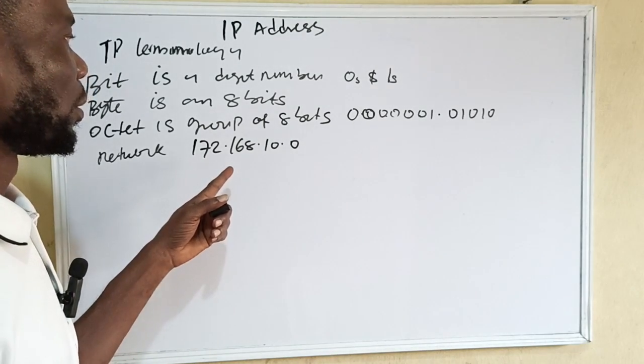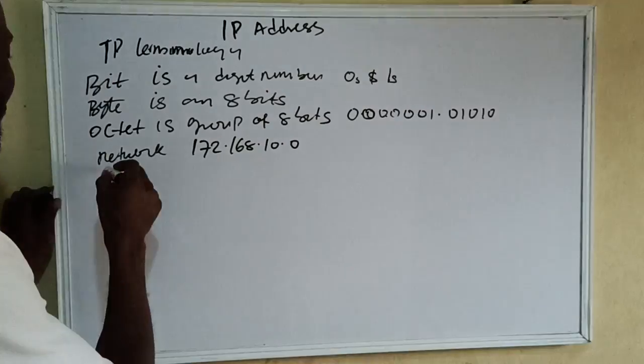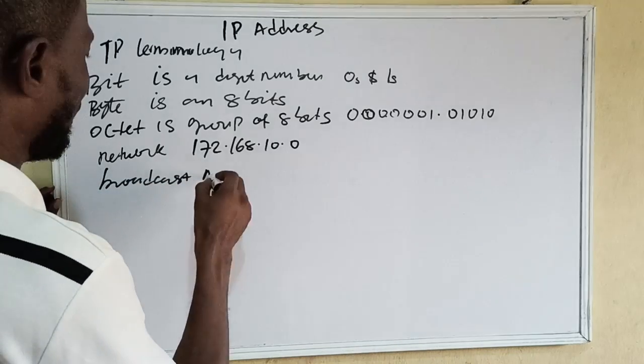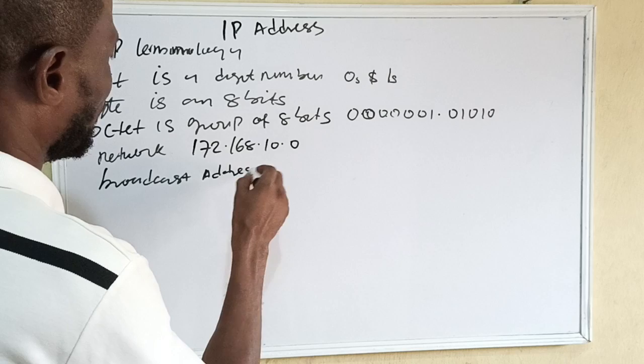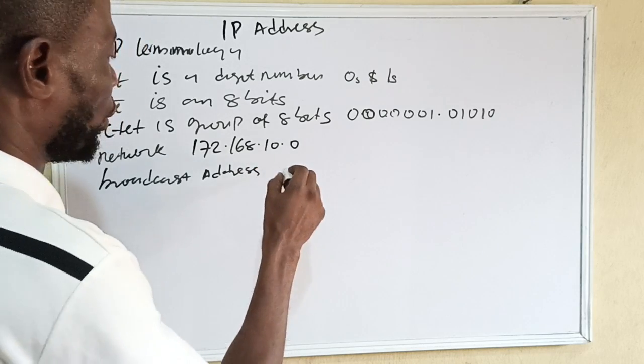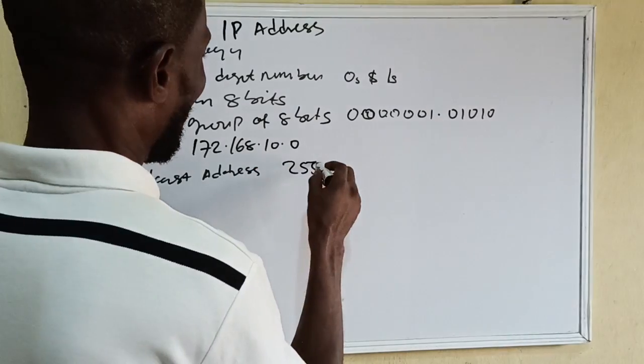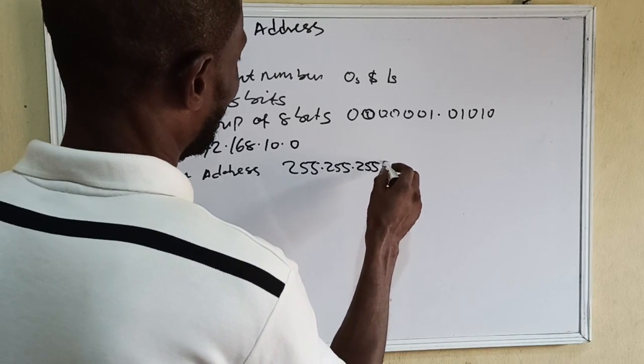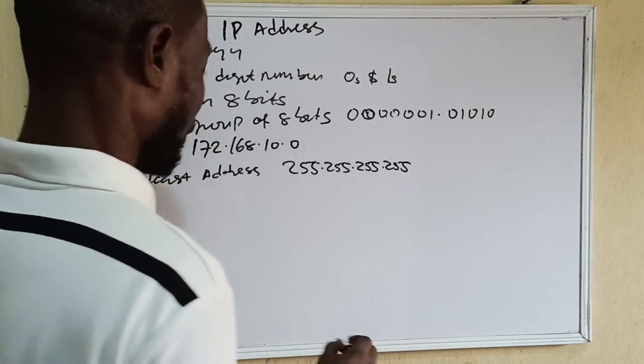That is it. Broadcast address is 255.255.255.255.